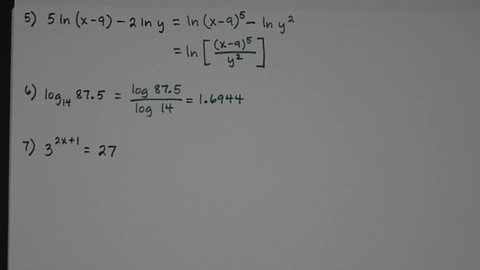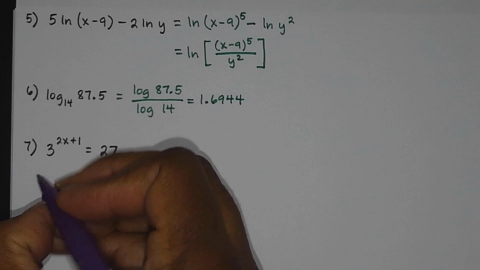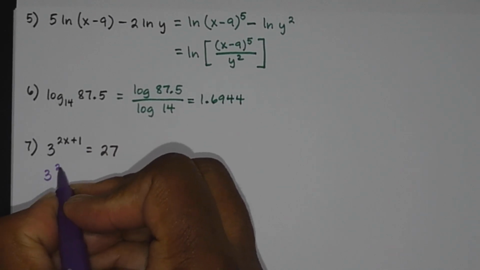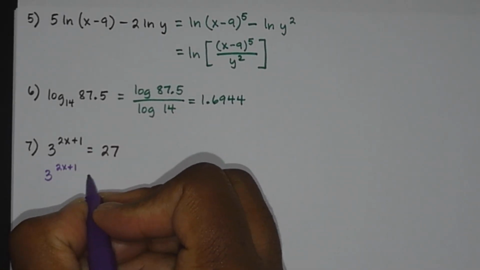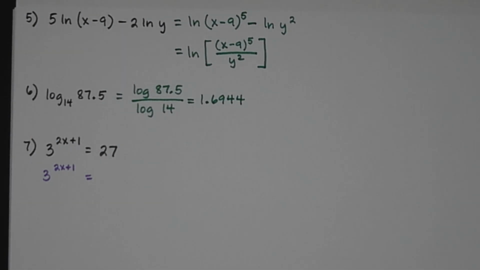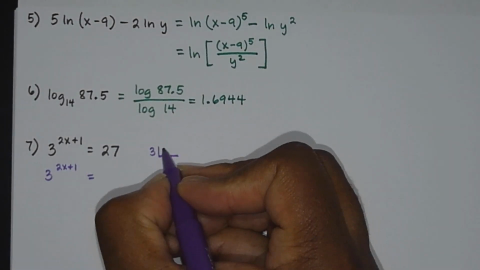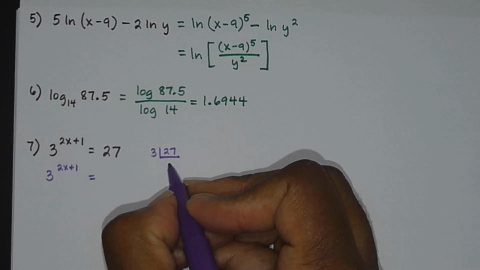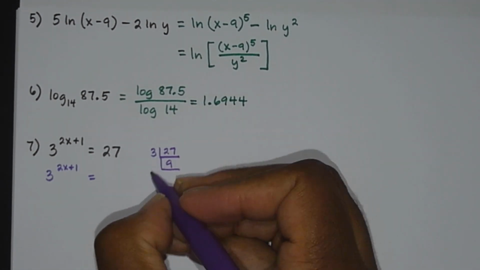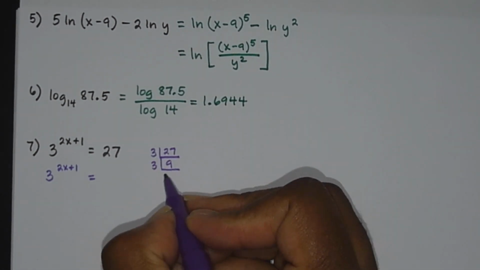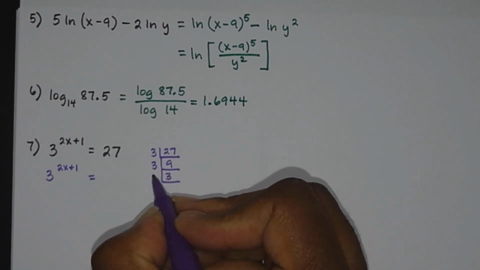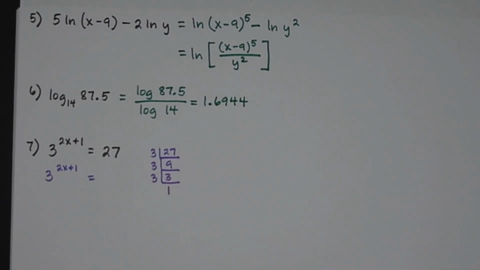Okay, so the left side, we already got 3 to some power, 2x plus 1. But we need to write 27 as a power of 3. Now, of course, you can do that by dividing 3 into 27. That's going to go 9 times, and then 3 goes into 9, 3 times, 3 goes into itself 1 time.